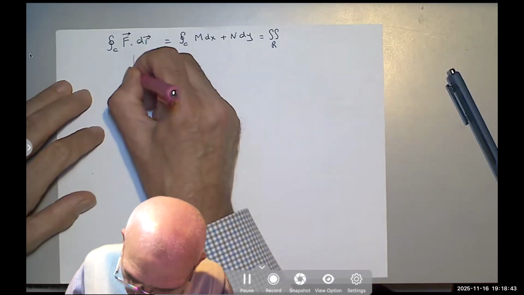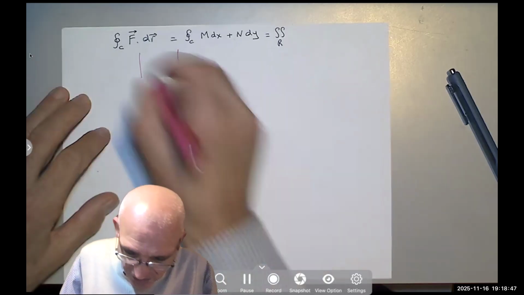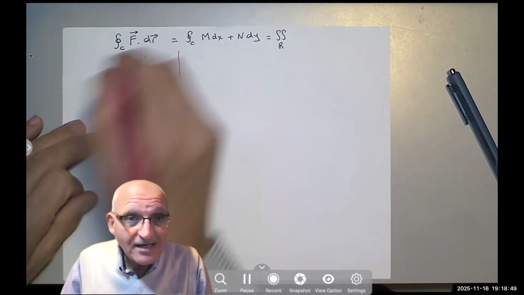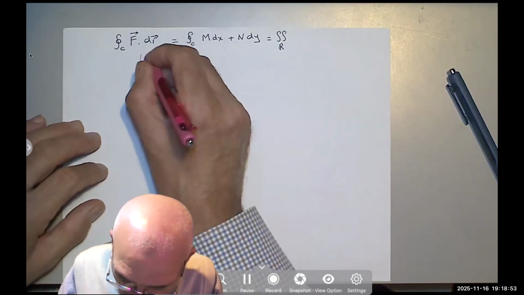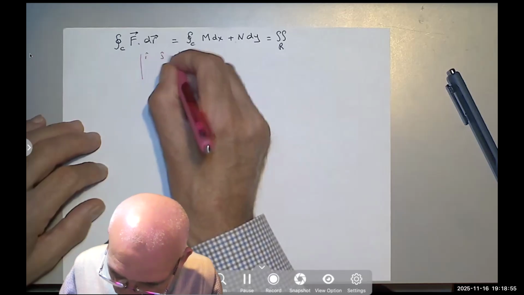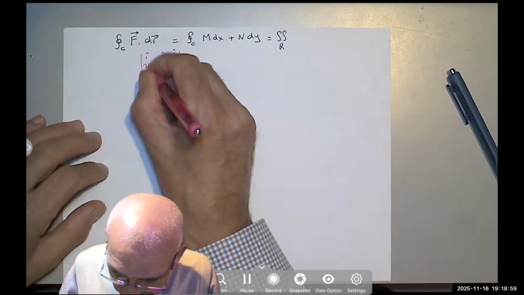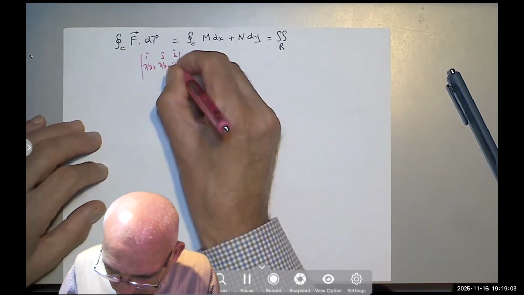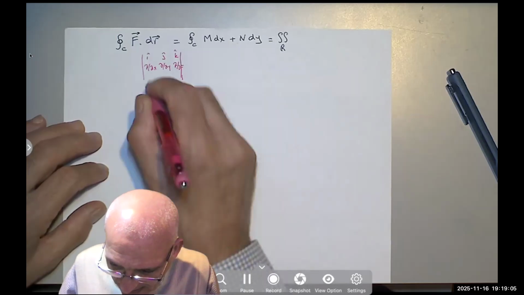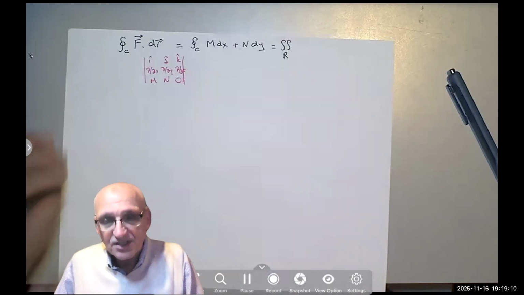To calculate the curl, remember it's a cross product between the del operator and F. So I have i, j, k, then partial x, partial y, partial z, and then M, N, and since we are in 2D, it's a 0 here.